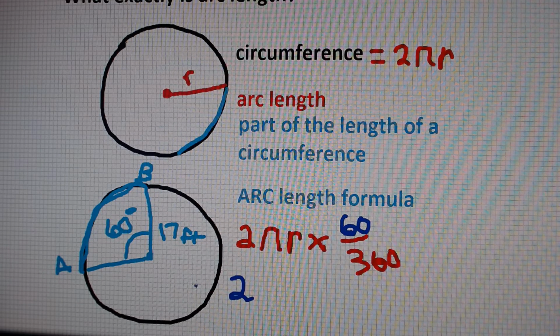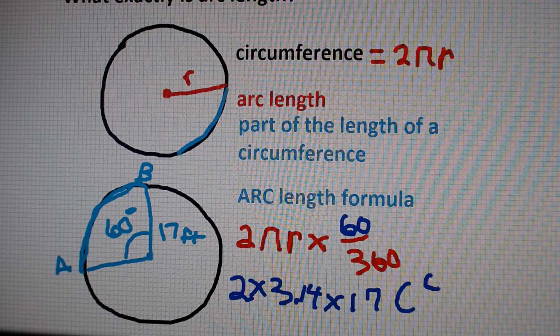So now I have 2 times 3.14 times 17, and I'm going to multiply that with 60 over 360.